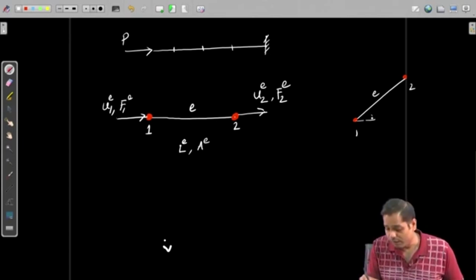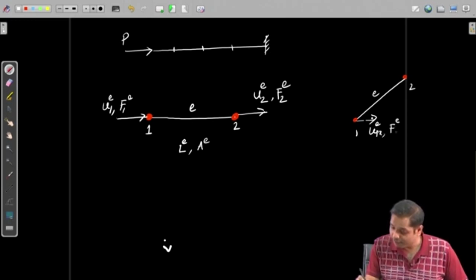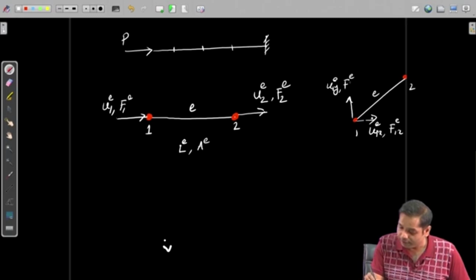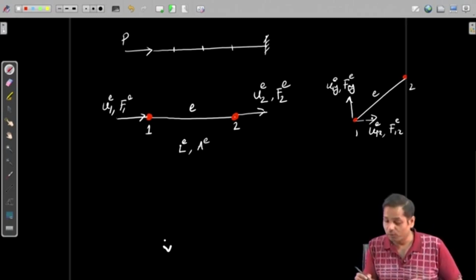So you have a component which is U element 1x, and then F element 1x. Similarly here you have U element 1y and F element 1y. The 1 is because it is at node number 1.